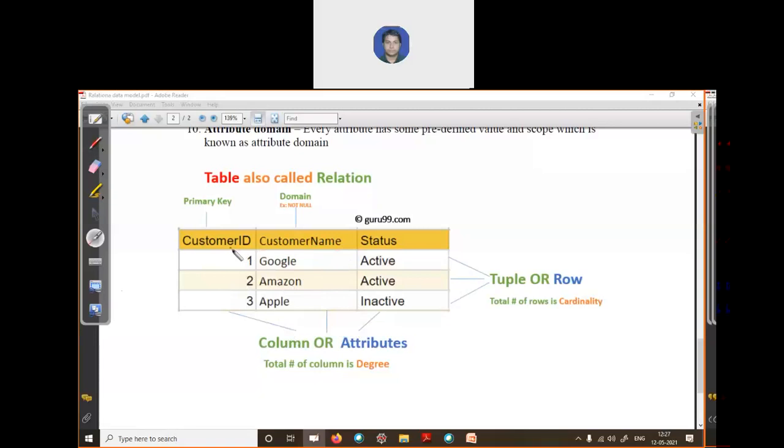The key is the attribute or set of attributes which uniquely identifies a record. Suppose customer ID is the key for this table because all these three values are unique. Customer one is Google, customer two is Amazon, customer three is Apple, so this attribute uniquely identifies each record.